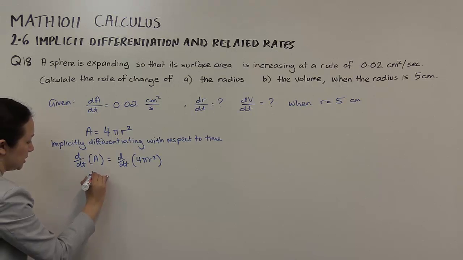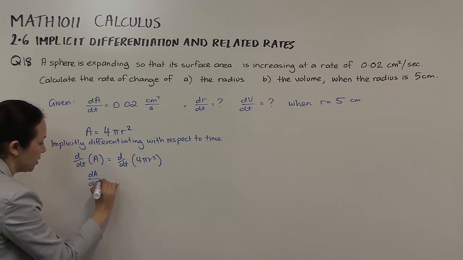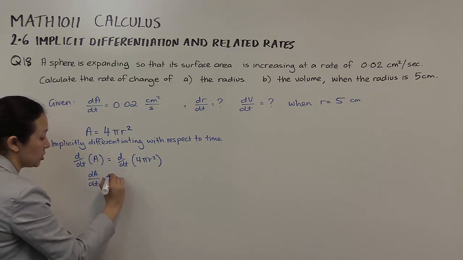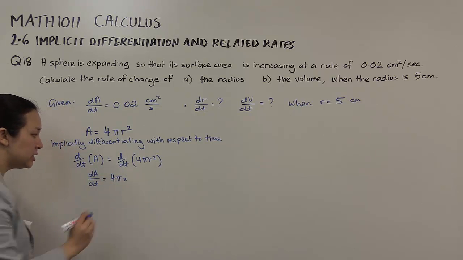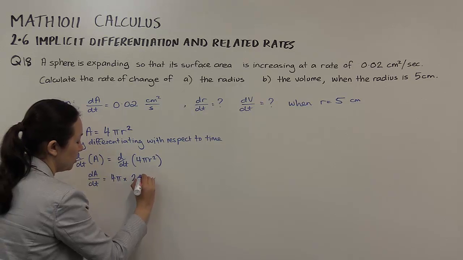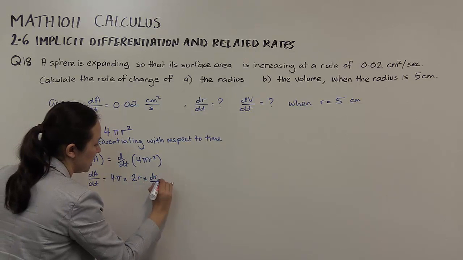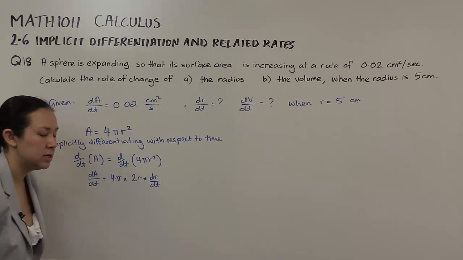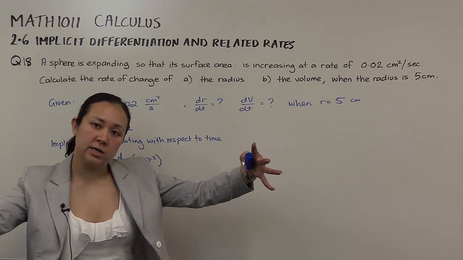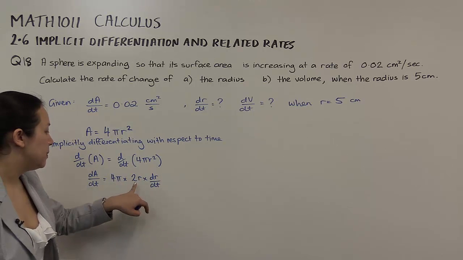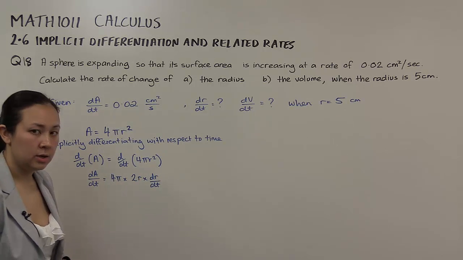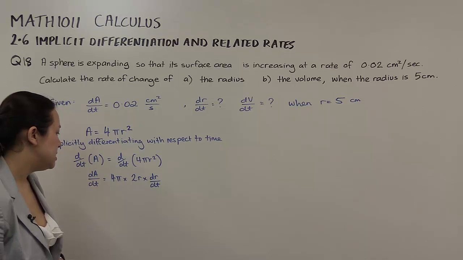Well, this is just dA/dt on the left, and 4 pi is just a constant, so this is 4 times pi times r squared differentiated with respect to time. Well, that's 2r times dr/dt. We have to use the chain rule there, because if our sphere is expanding, then the radius is changing as well, so r is really a function of time. r squared differentiates to 2r, and we multiply by dr/dt for the chain rule.